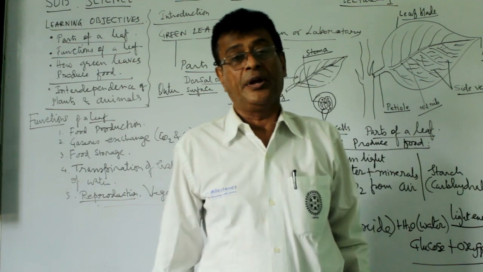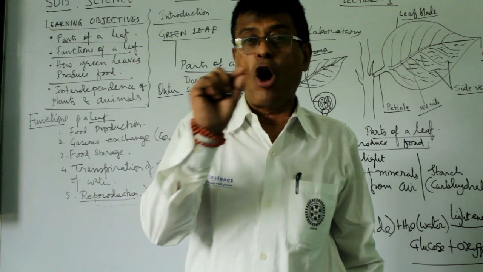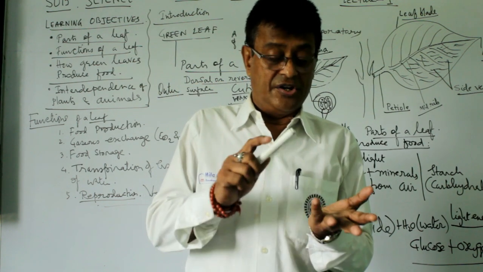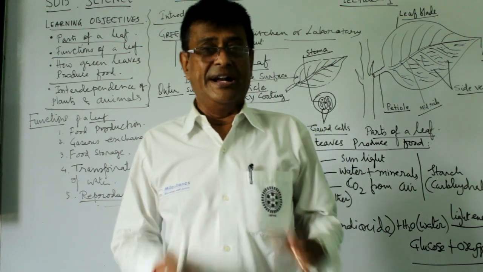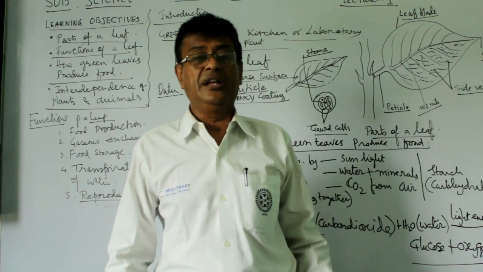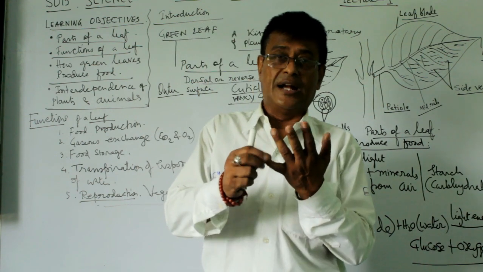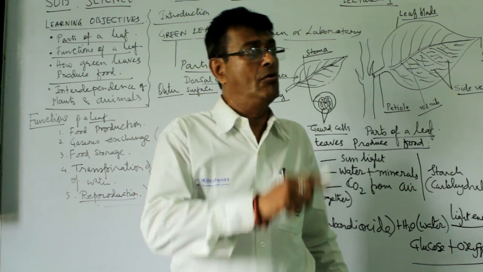Now children, there are two kinds of plants. One is monocot, like rice, wheat, maize. Now let us have a little discussion about what is monocot. You see there are two types, one is monocot, another is dicot. You must have eaten a mango.